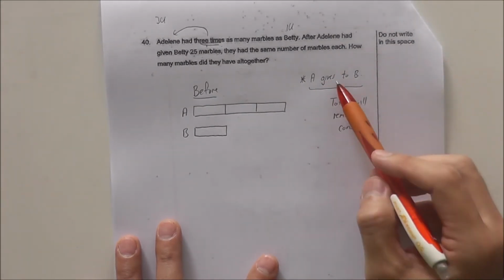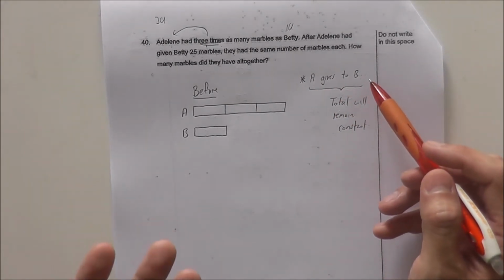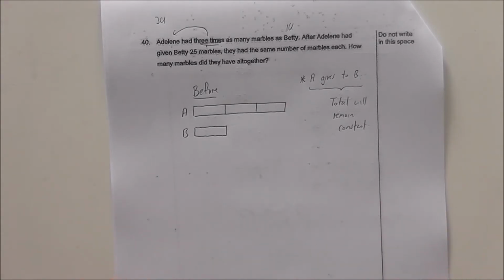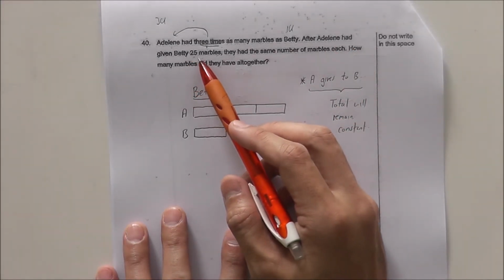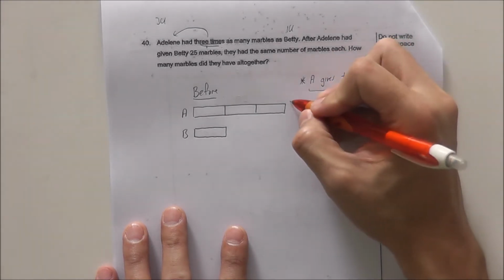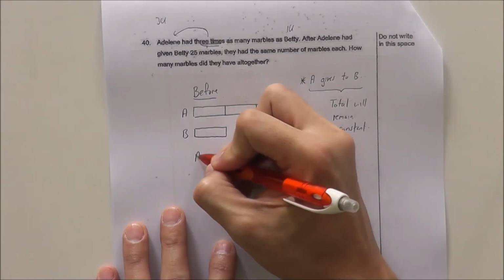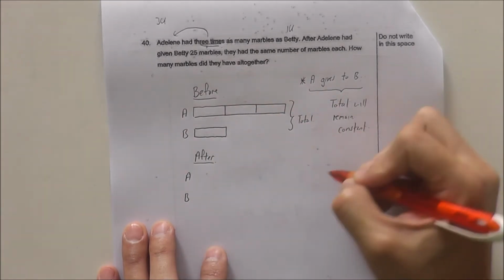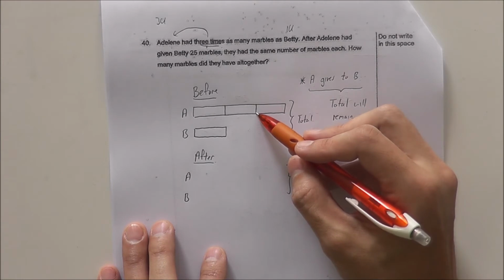Because if A gives to B, A will have less, B will have more, but the total will still be the same, because the total number of marbles will still be between A and B. So in this case, if Adeline had given Betty 25 marbles, the total would be the same. So this is the total. And when we draw the after model, this is A, this is B. Can you see that before the total is 4 units?